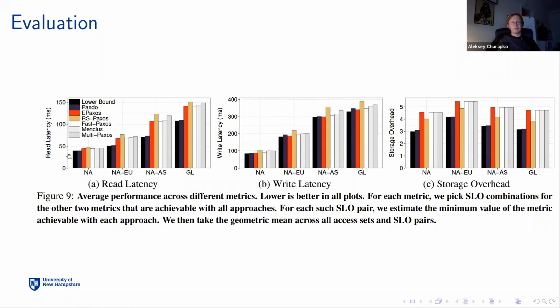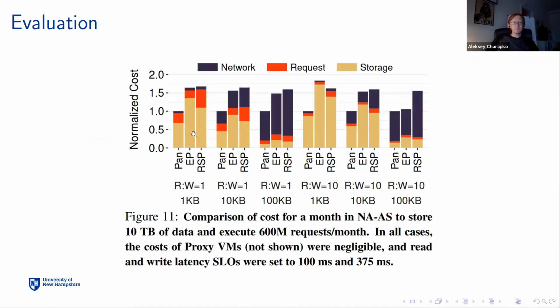But what I want to point out is that it seems like Pando is coming very close to that theoretical lower bound system that they have estimated. Pando also cares about the cost, right? Storage is expensive. Having more nodes is expensive. So they do have an evaluation to break down the cost of their system.